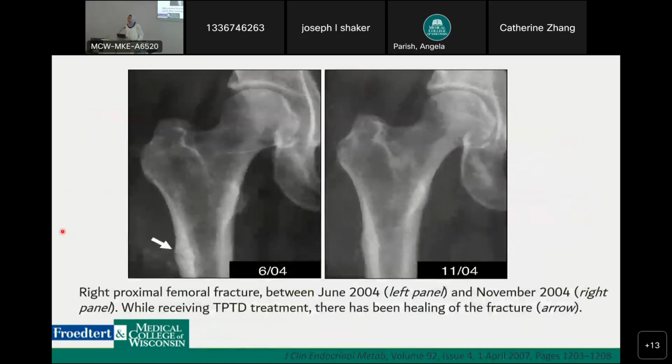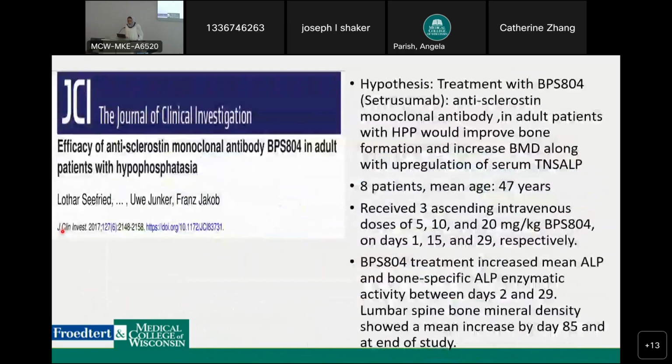And this drug that she showed, setrusumab, is also being studied in OI. And there are phase 3 trials in people under the age of 25 with OI now ongoing. I don't think they've started the above-25 study yet. So that's another interesting possibility.